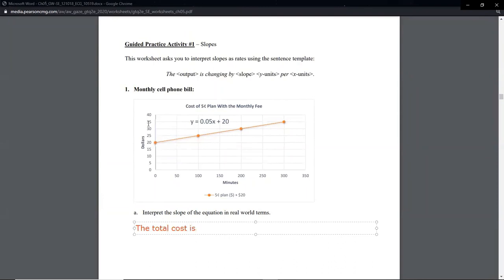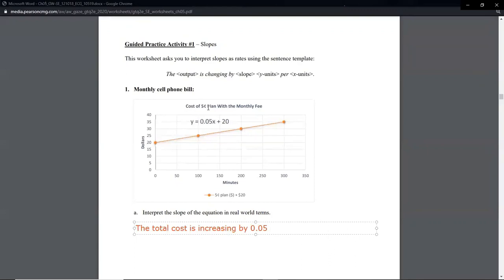So the total cost is changing by, that's the next part of the template. Or if you didn't want to say it's changing by, you could say, well, it's increasing by. Then the next thing is the value of the slope, which is the number paired with the variable. That's the variable amount, 0.05.